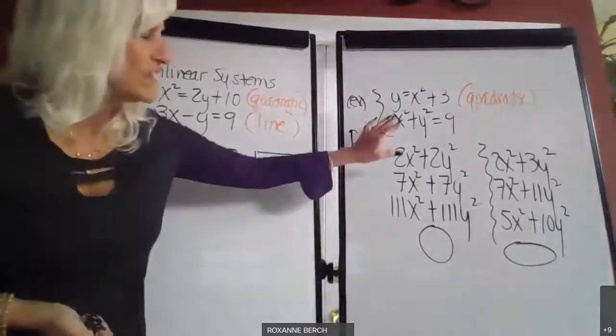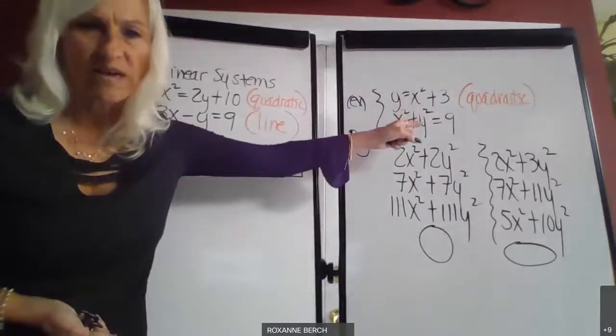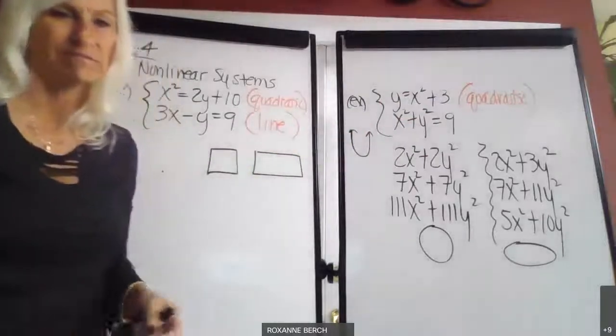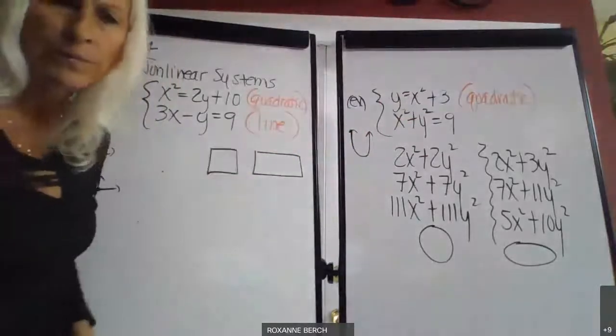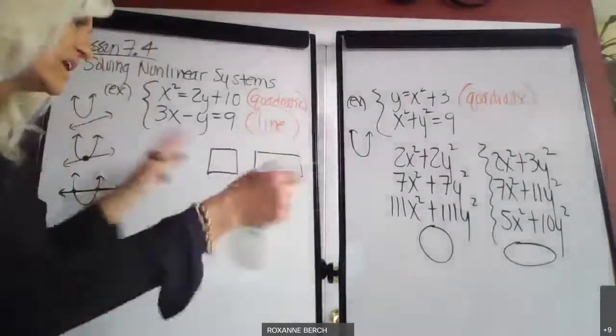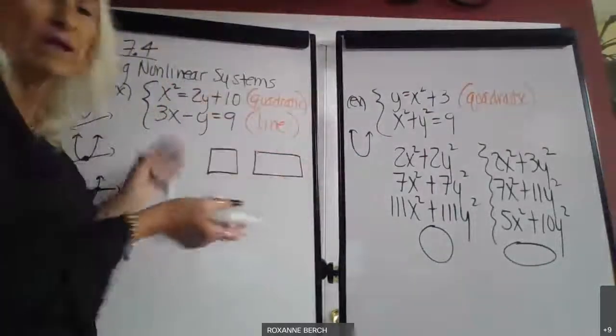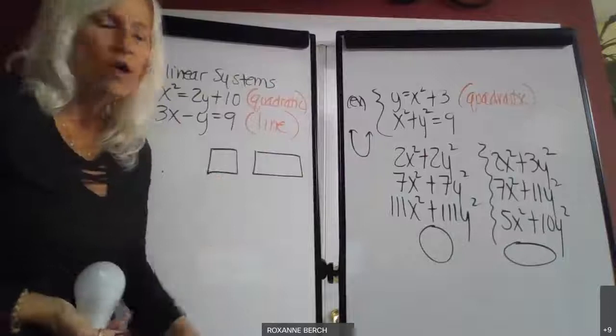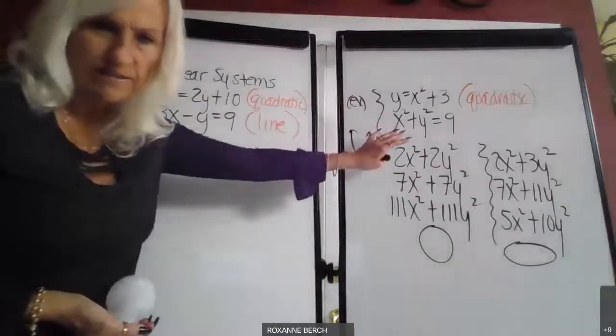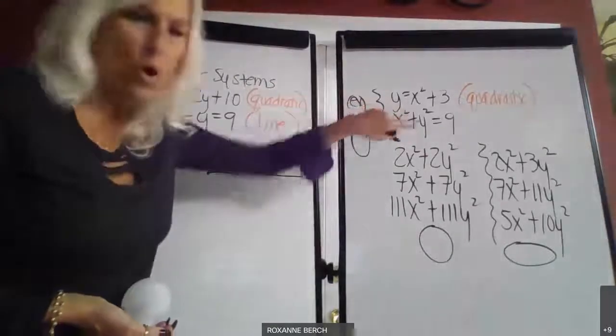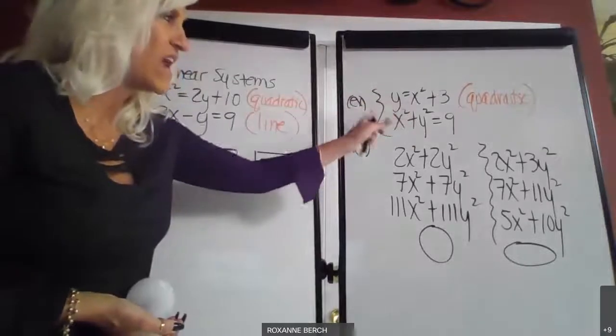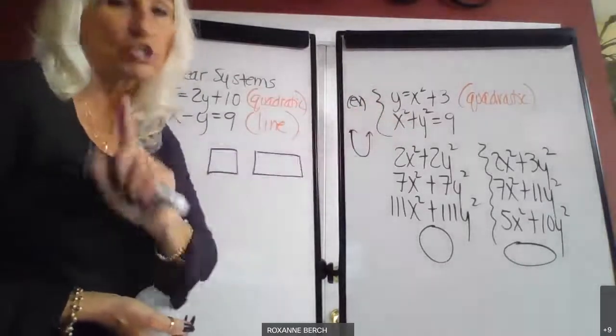When you see a 1x squared and a 1y squared, that's a circle. That's all I want you to know. We're not going to worry about the ellipse. When you have two squares with the same coefficients, 1 and 1, 7 and 7, 9 and 9, 12 and 12, it's a circle.